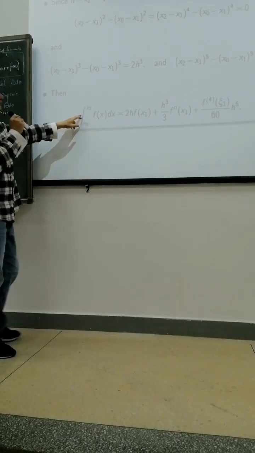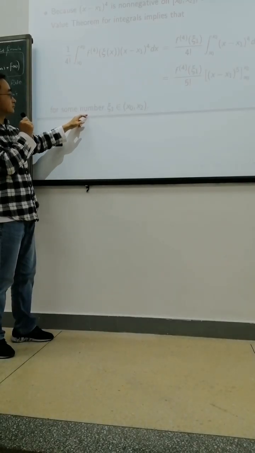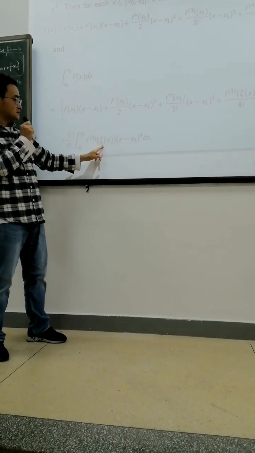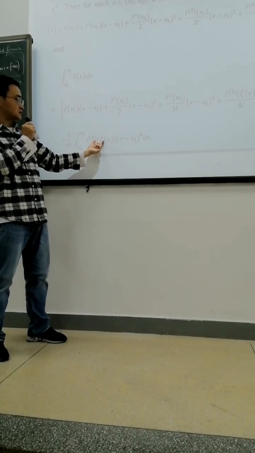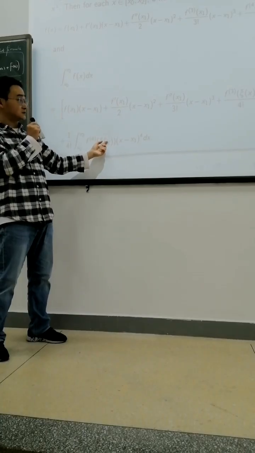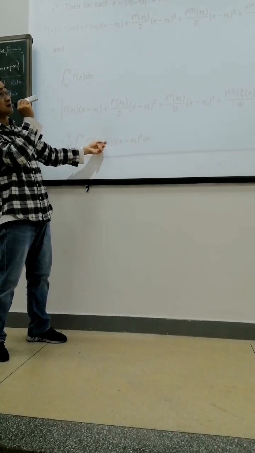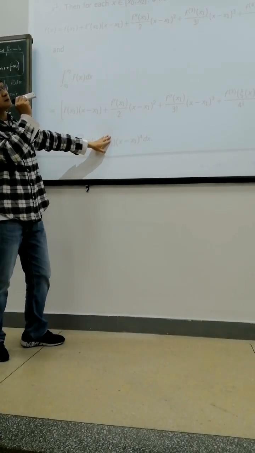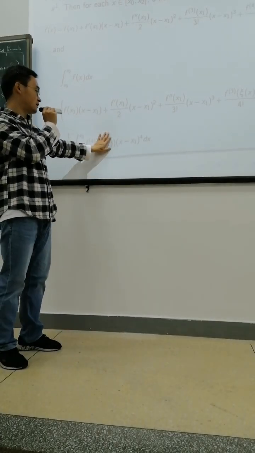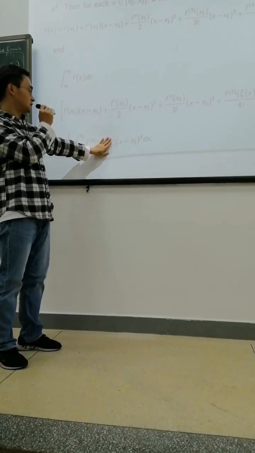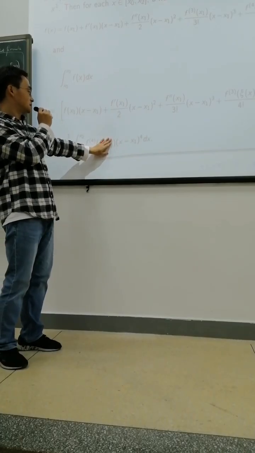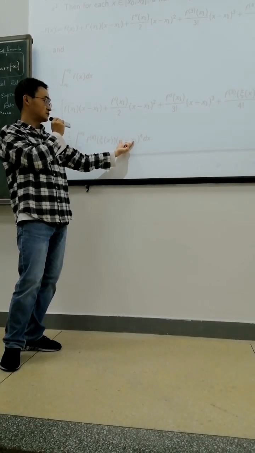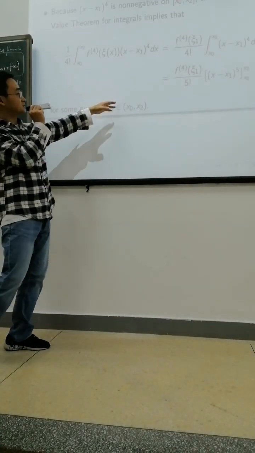This formula is obtained from here and here, and this term is because this c of x is just a constant. This constant is related to x, but it is not a variable. So the inner part we do not integrate. This is the constant part, so we just do integration of this part. So this is the error part.